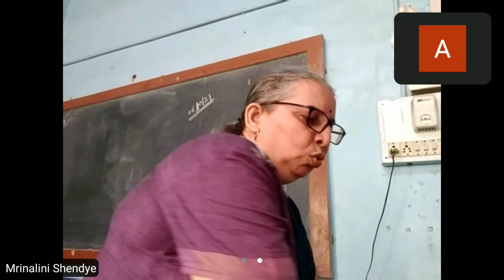The boundary may be from a rigid support, that is a denser medium, or the boundary may be from a rarer medium. बाउंड्री कोई सी भी हो सकती है लेकिन वो मीडियम बाउंडेड चाहिए.